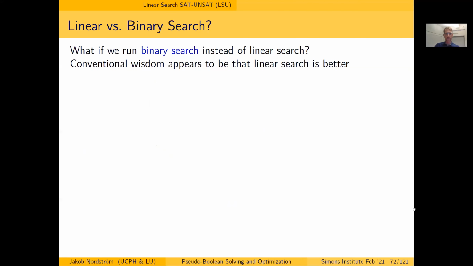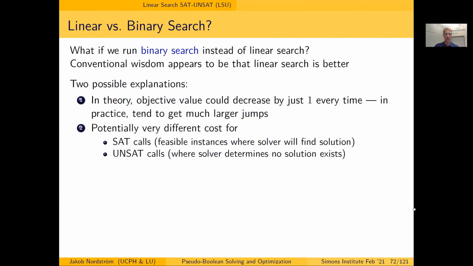That's linear search. And now, especially if you know your algorithms, you're a theoretician, you ask, well, why are we doing linear search? Why are we not doing binary search here? And the answer is that apparently linear search is better. So there are at least 2 possible explanations for this.